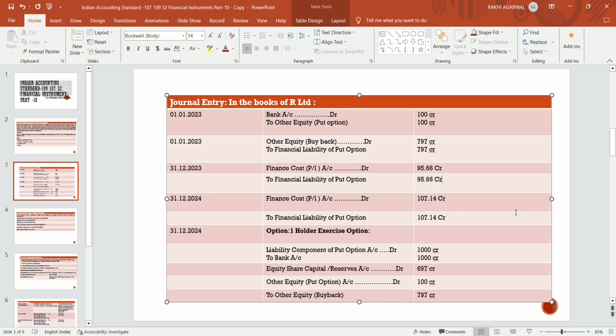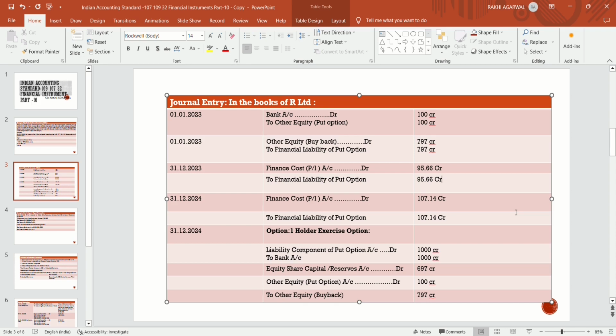It becomes 1000 crores. And the closing balance of other equity put option becomes 100 crores as on the date 31st 12 2024, and other equity buyback is 797 crores, which is lying in the balance sheet. Now on the date of settlement, when the option holder, that is K Limited, will exercise the option, what entry is to be recognized?